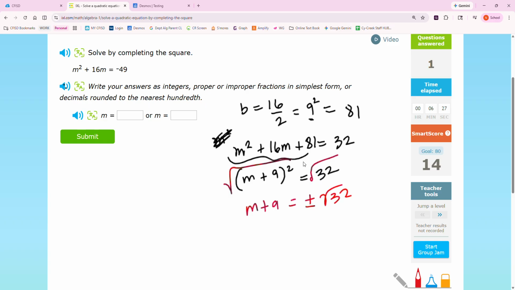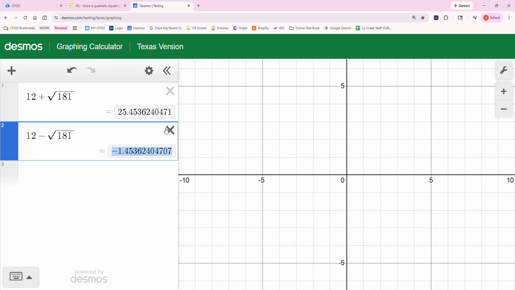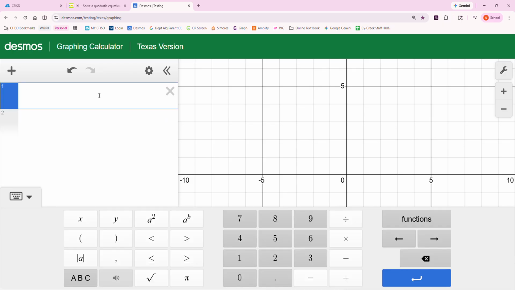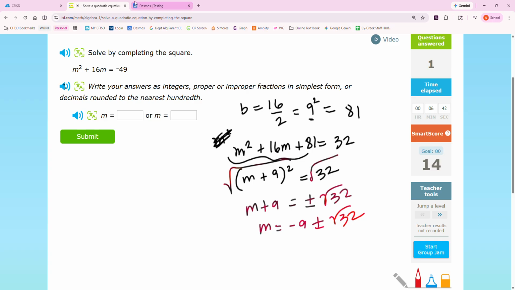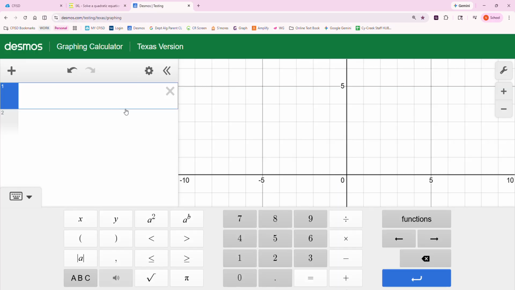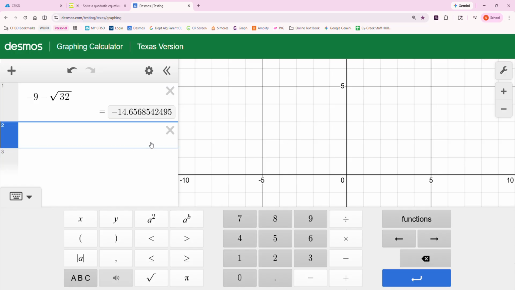Since they're wanting us to round it, let's just go ahead and finish this out. Minus 9 plus or minus the square root of 32. We don't have to worry about simplifying. So that's going to be negative 9 minus the square root of 32 and negative 9 plus the square root of 32.